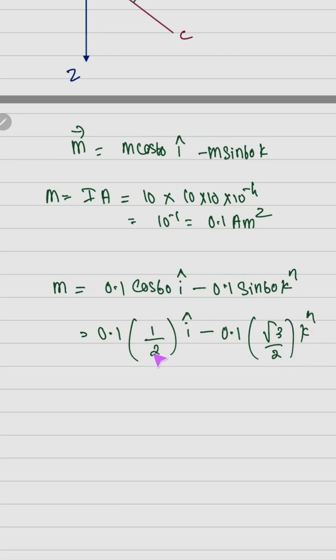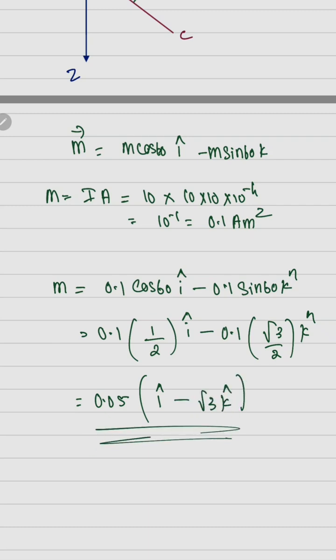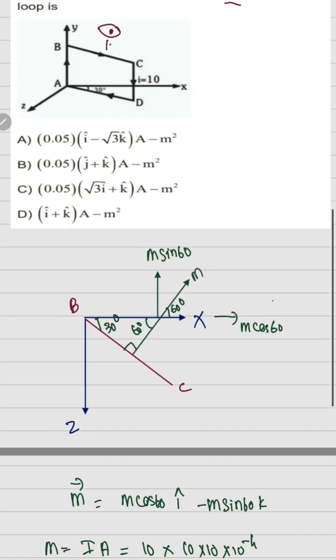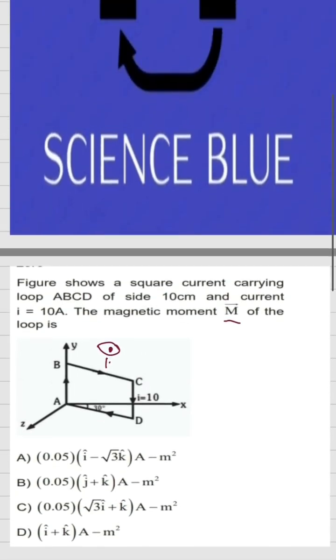So 0.1 by 2 is common here. Taking it out, it becomes 0.05 times i cap minus root 3 k cap. So this is the vector form of the magnetic moment of the coil given in the question. Hope it's clear. Thank you.